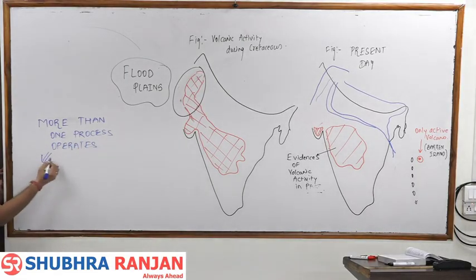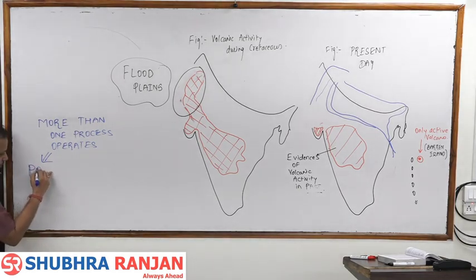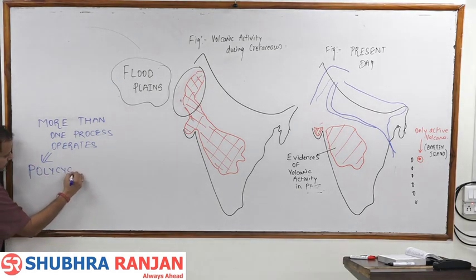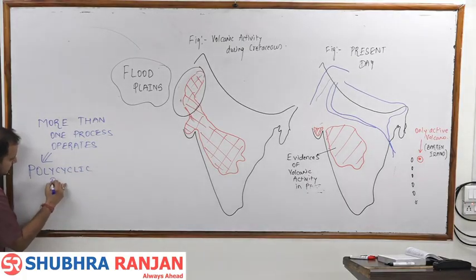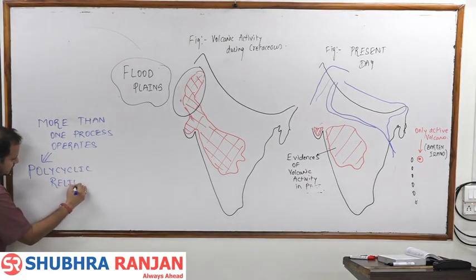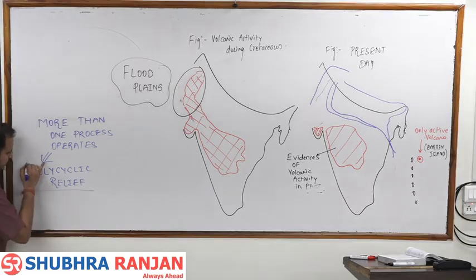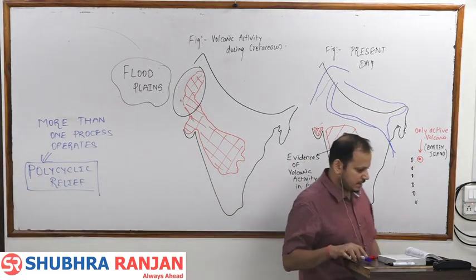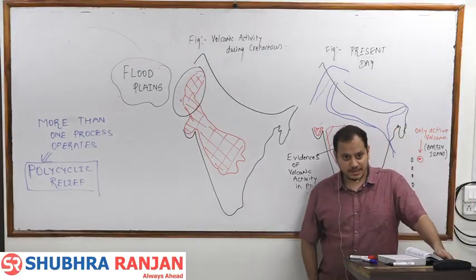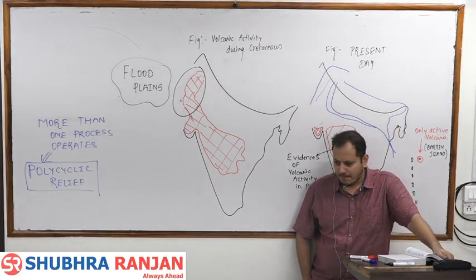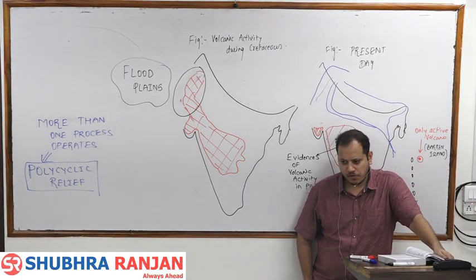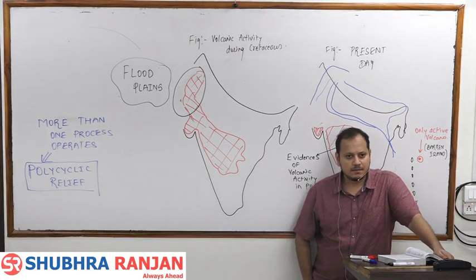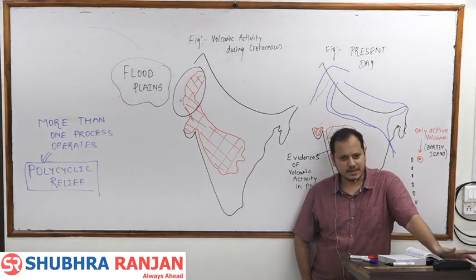And hence a landform is an example of polycyclic relief. More than one process, polycycle.